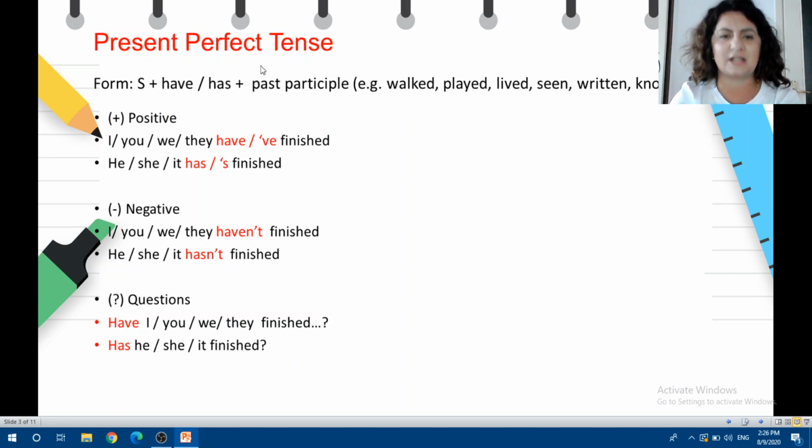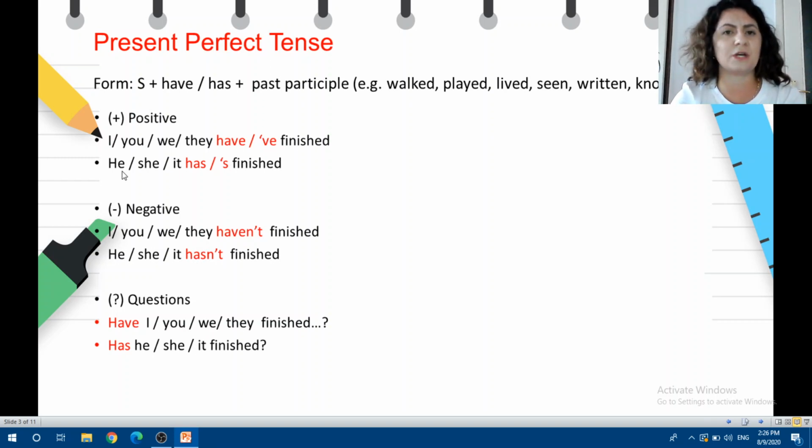For present perfect tense, we need have and has, and the past participle of the main verb. For the positive form, we need the subject, and as you can see, we have I, you, we, they have finished, and the short form, I, you, we, they've finished.